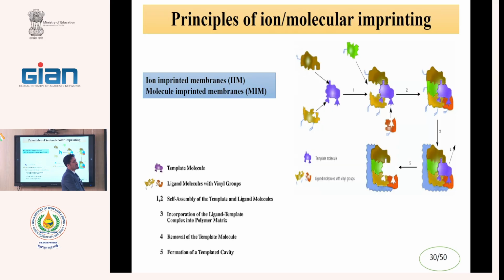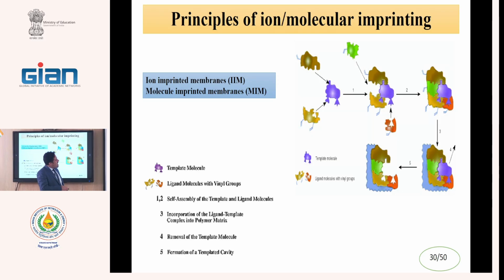For preparation of ion imprinted or molecular imprinted membranes, if we have a template molecule, we want to pass only this molecule through the membrane. Therefore, we prepare a specific site that only matches this molecule, and other molecules cannot be absorbed in this free location and cannot pass. Okay?